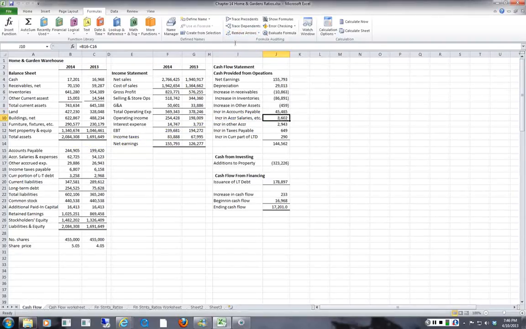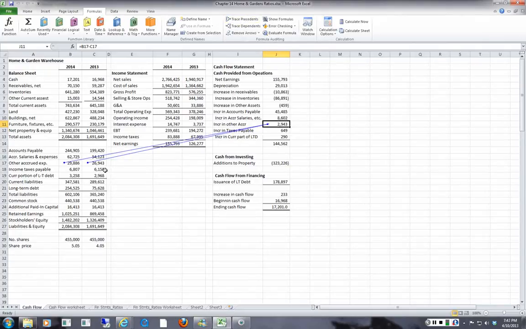The next we take the increase in accrued salaries and expenses, going from $54,123 to $62,725 for $8,602. The next thing we have is an increase in other accrued items. They're small amounts.